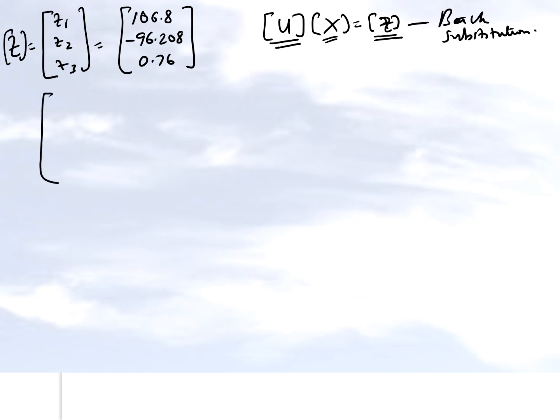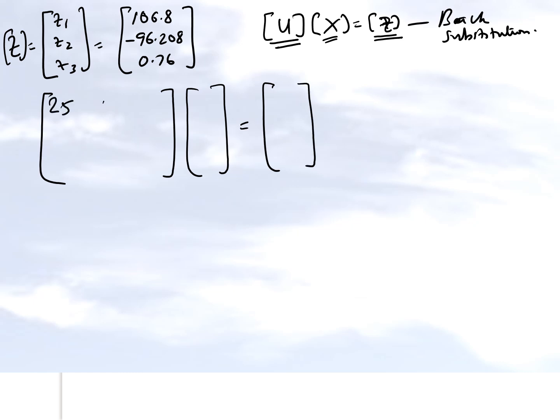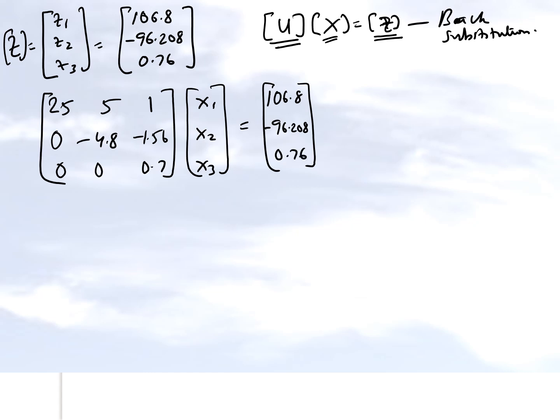If we write down our equations for UX equal to Z, this is what it's going to look like. So let's write down what the U matrix is, the upper triangular one, multiplied by our unknown vector x1, x2, and x3. And here I'll have 106.8, minus 96.208 and 0.76.